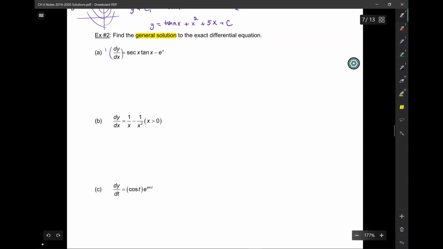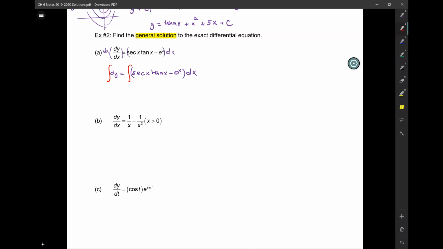We're going to multiply by dx, so I get dy is equal to secant x tangent x minus e to the x, dx, and I integrate. When I integrate, here I'm going to have y plus c1, and then on the right side, I'm going to have blah, blah, blah plus c2.